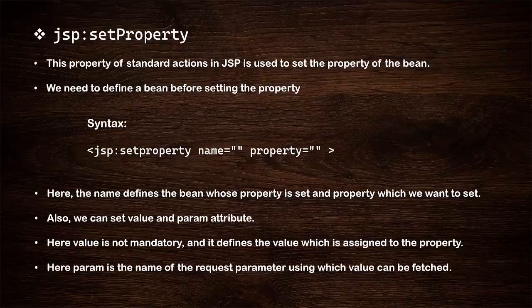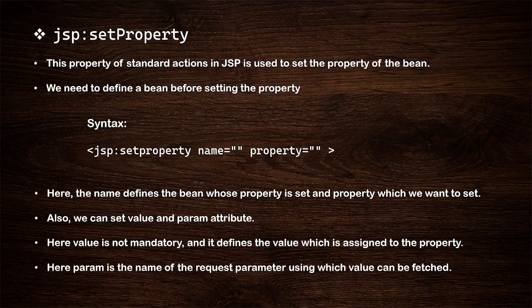The next one is jsp:setProperty. This standard action in JSP is used to set a property of the bean. We need to define a bean before setting a property. This is an example for jsp:setProperty, where name defines the bean whose property is set, and property is the property which we want to set.